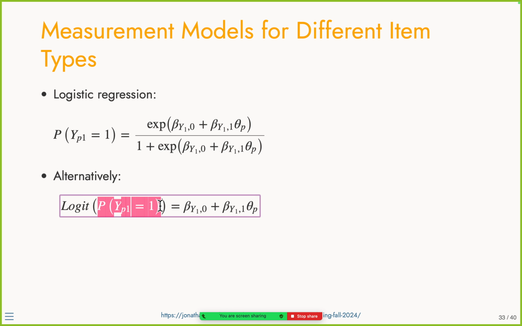So what the link function does is it takes this probability between 0 and 1, and it converts it into a number that stretches between negative infinity and positive infinity. So the logit is a mapping of probability, 0 to 1, onto the real number line. And why we need the real number line there is that the result of the right-hand side of this equation can be any real number. It can be positive, it can be negative, it can be whatever.